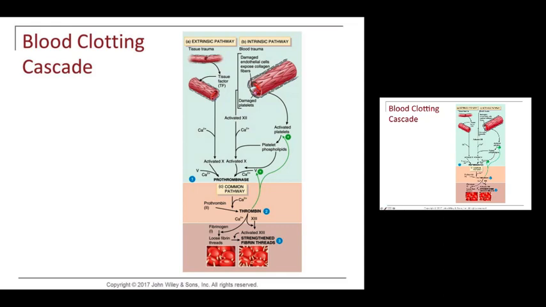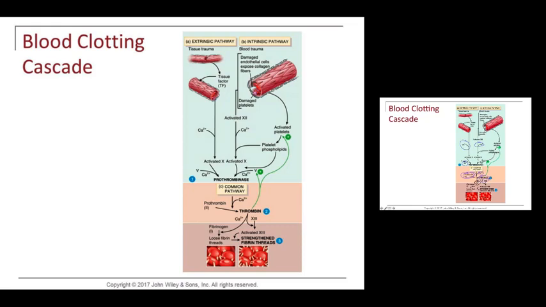But the key things that I want you to see that's involved, we have calcium that's involved in clotting. You see calcium at many steps. Then you see prothrombin to help produce thrombin. But again, calcium is involved as a cofactor to make the conversion of prothrombin into thrombin.